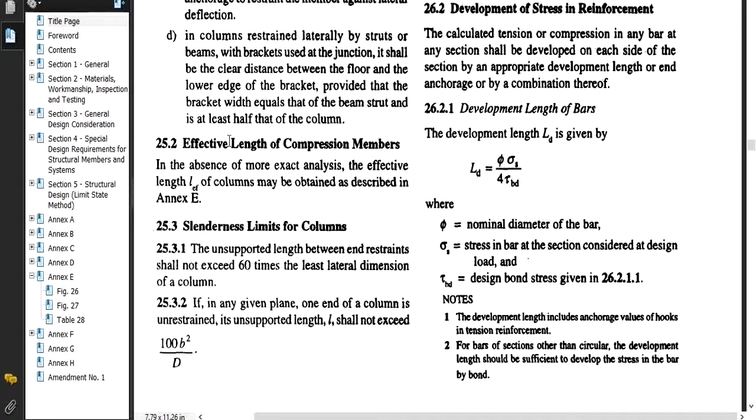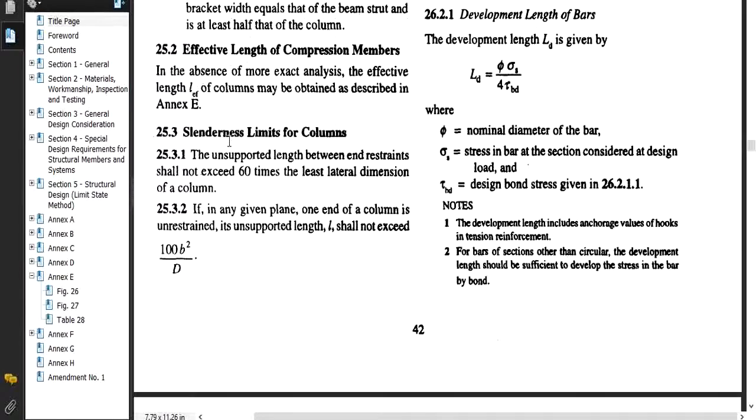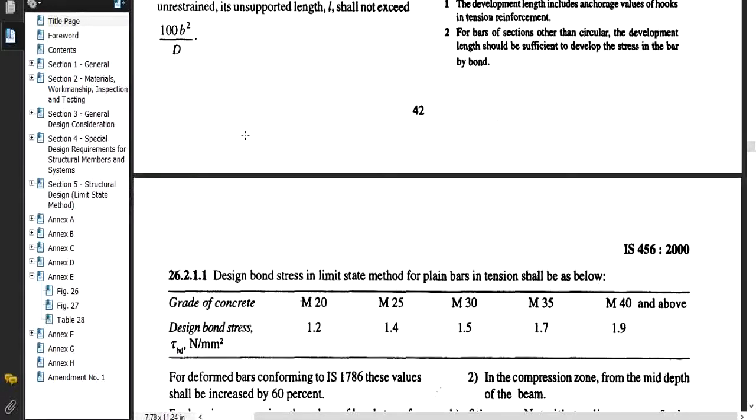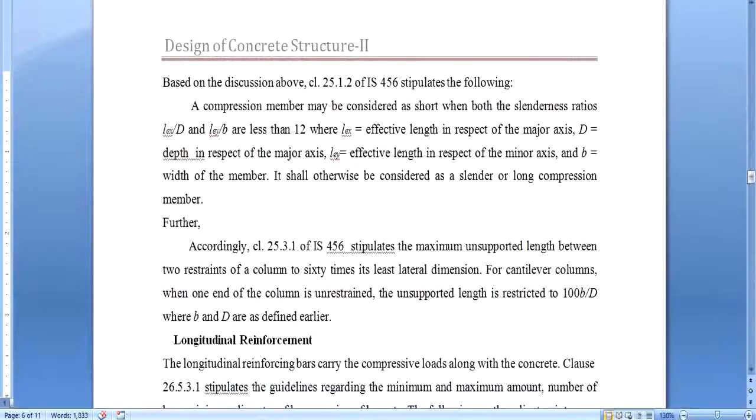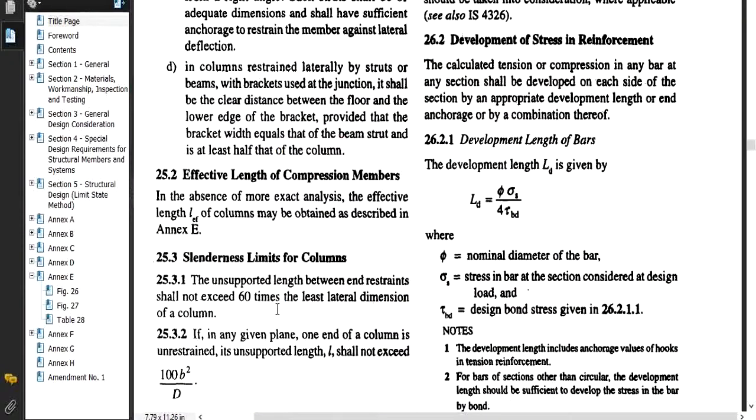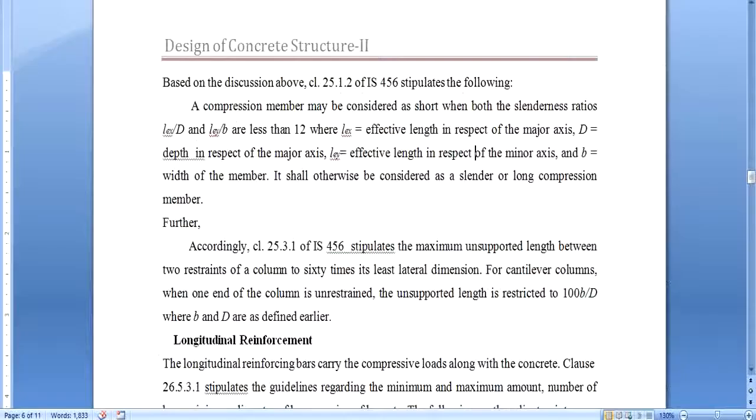Clause number 25 is going to give us all the details about slenderness and the design of columns. The maximum unsupported length between two restraints, given in 25.3.1, is 60 times, not 6 times, 60 times the least lateral dimension of the column. So you can go through this.